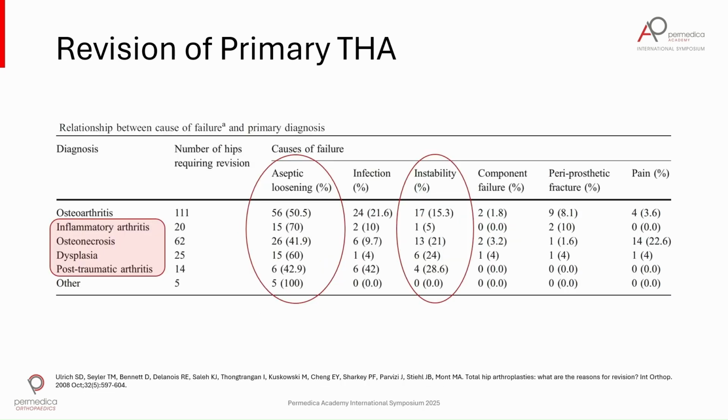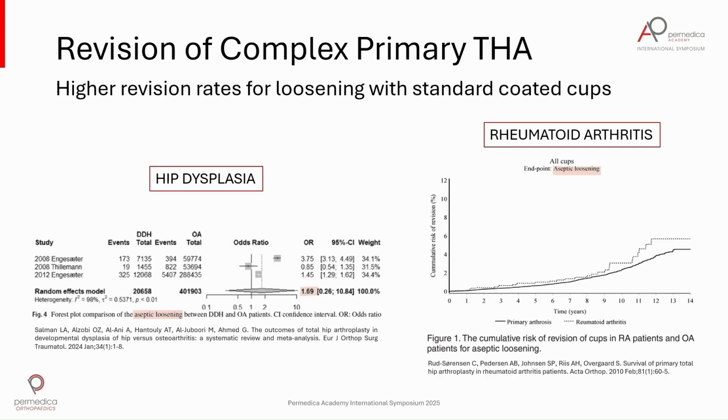Here you have different evaluations and the reasons for a revision. This is always related to inflammatory arthritis, osteonecrosis, dysplasia, and post-traumatics. As you see, with hip dysplasia and rheumatoid, generally you arrive at a 5% failure during the first 5 years.